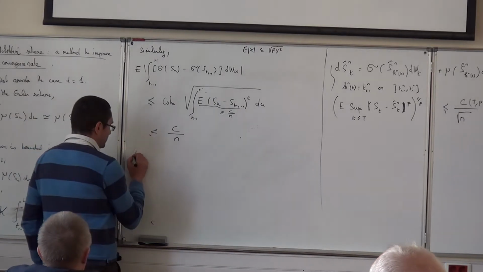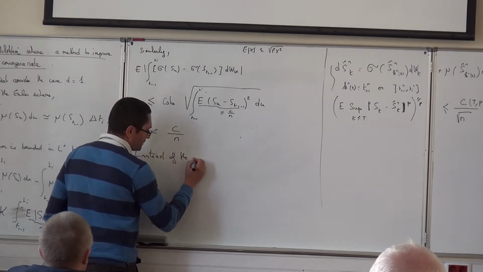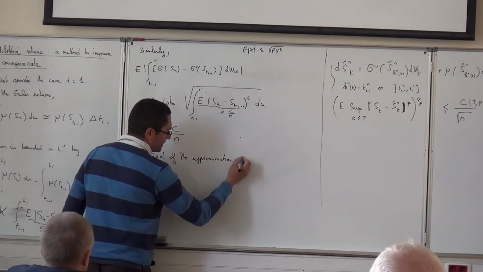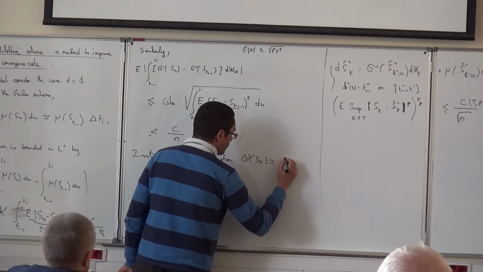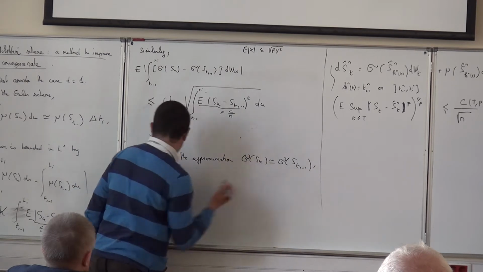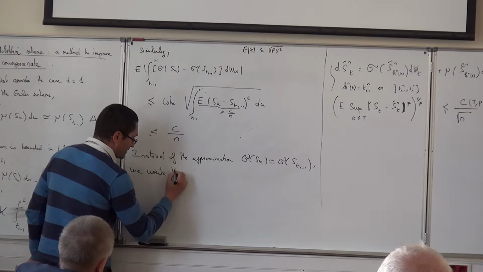So instead of the approximation sigma(S_u) approximately equals sigma(S_{T_{i-1}}), we write the following.